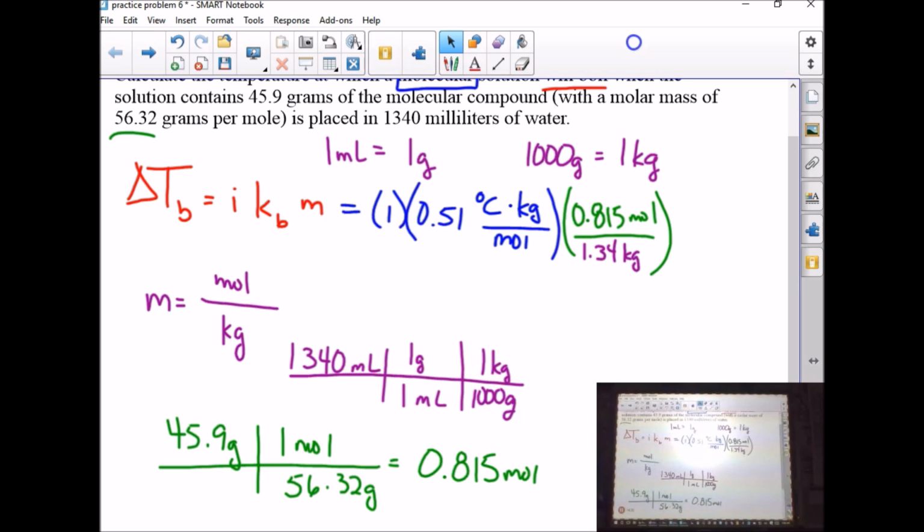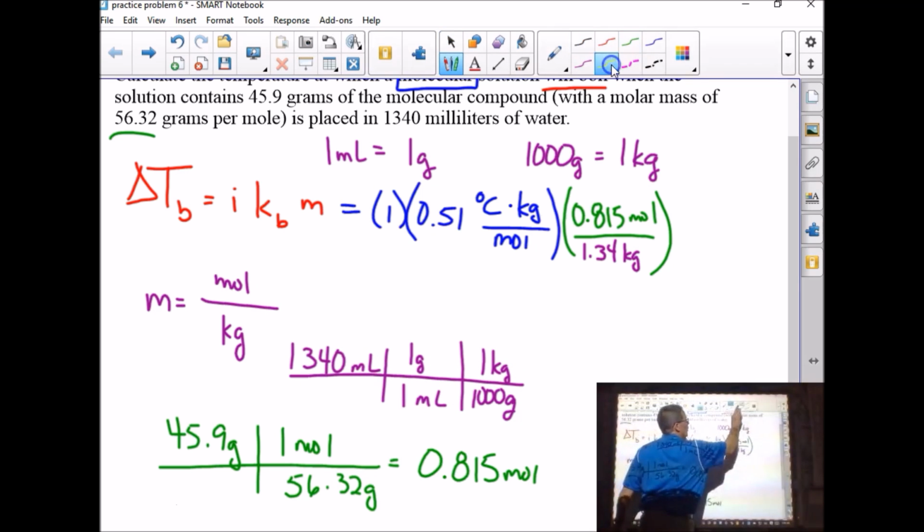Okay. So looking at the units, what can cancel out here? Mole, kilogram. What remains? Degrees Celsius, which is our temperature, and then have some fun with that. Now, if you wanted to find out what the molality is, that's fine. You could do that. I think it's like 0.6 something.